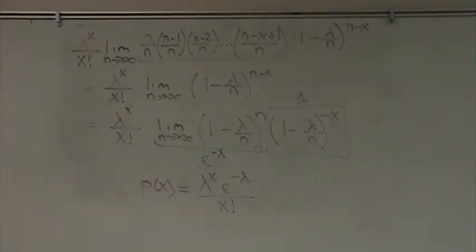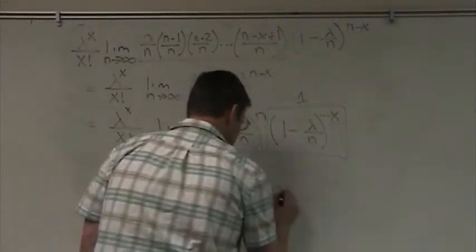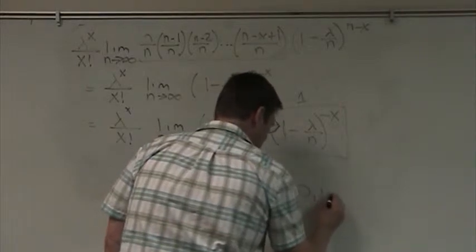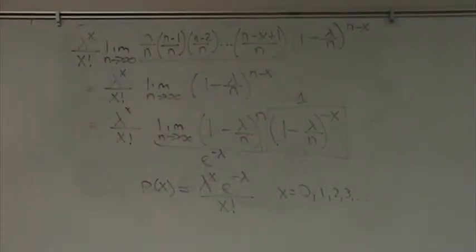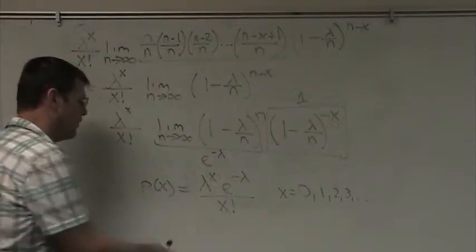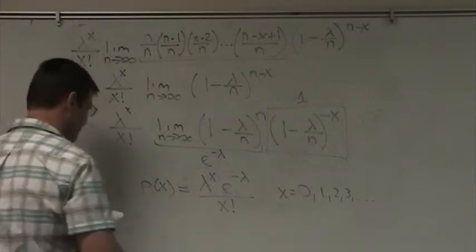And since we're letting n go to infinity, x is 0, 1, 2, 3, and so on. So our big limit that we started out with reduced to this.